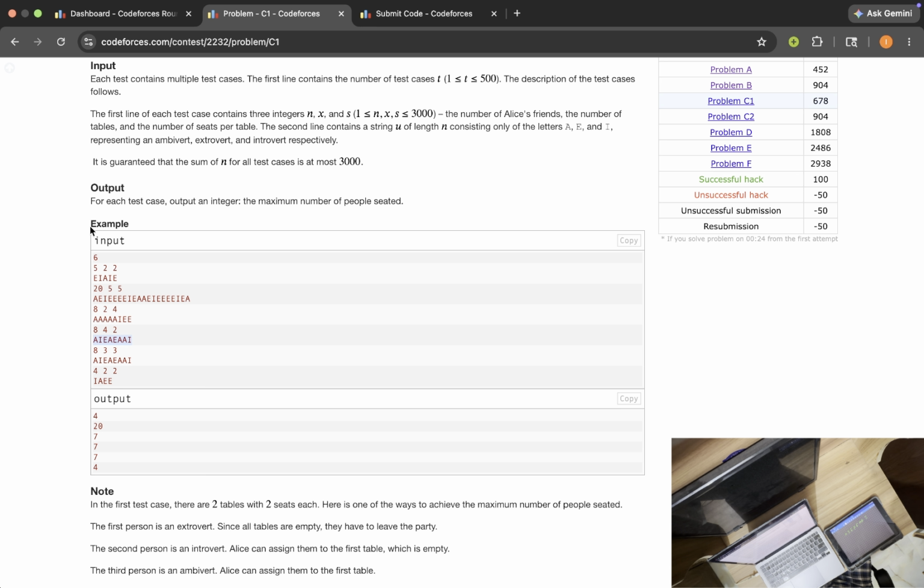Excluding... I want to make sure 7 of them sit. Ambivert. One option is ignoring it.